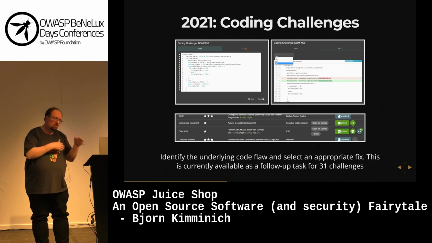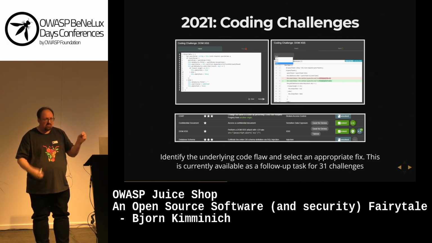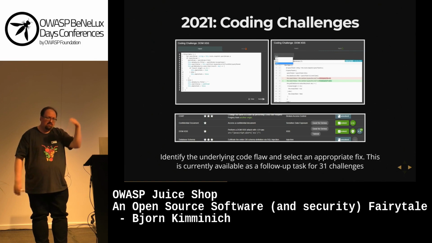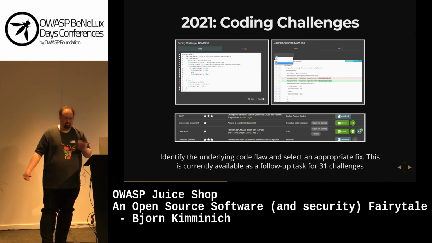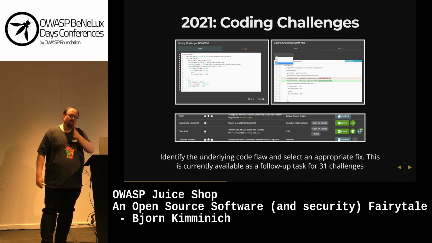Right? Not some fake code snippet, but the actual source code pulled from the running server. That is being displayed, and you have to find the right line or multiple lines where the problem is coming from, right? When you successfully do that, you then get some options displayed how you might want to fix this.